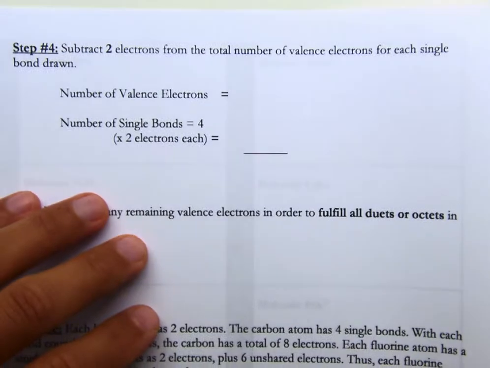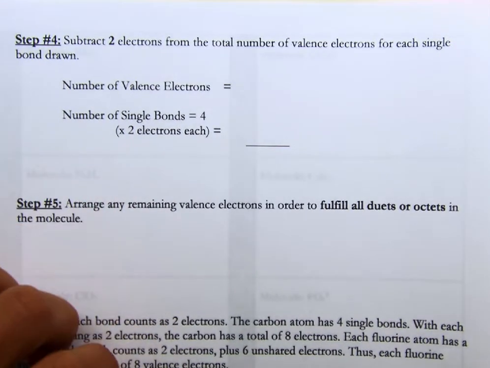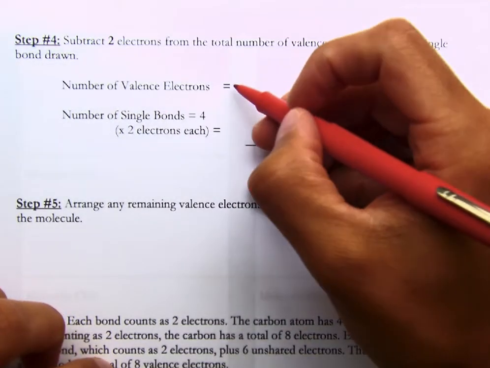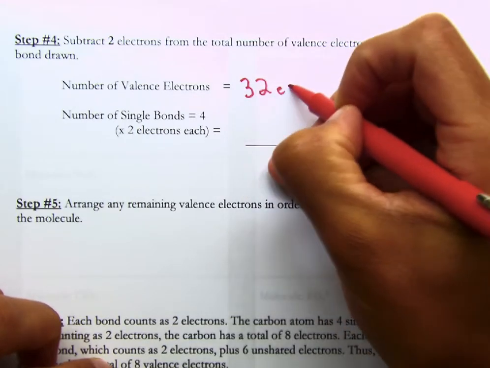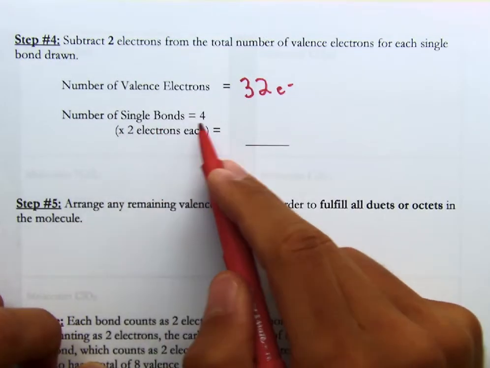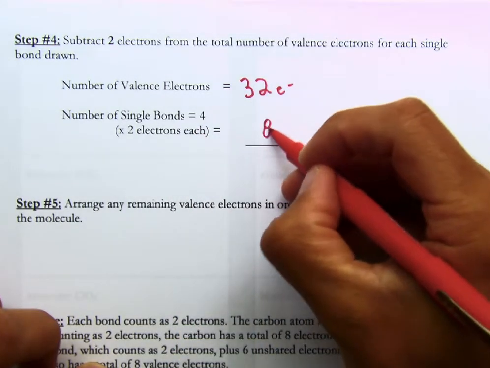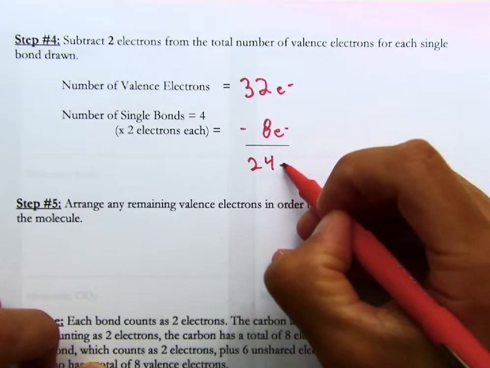Step 4 says subtract 2 electrons from the total number of valence electrons for each single bond drawn. So the total number of valence electrons was 32, and the number of single bonds was 4, and 2 each is 8. So we're going to subtract that and have 24 electrons remaining.